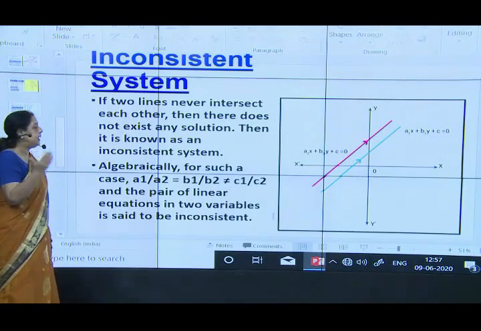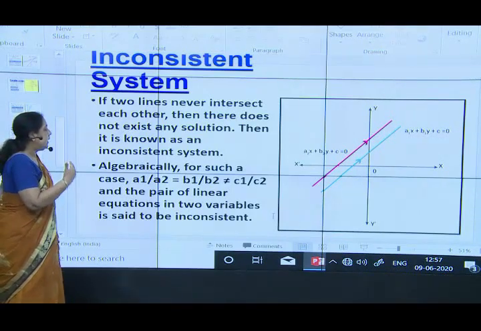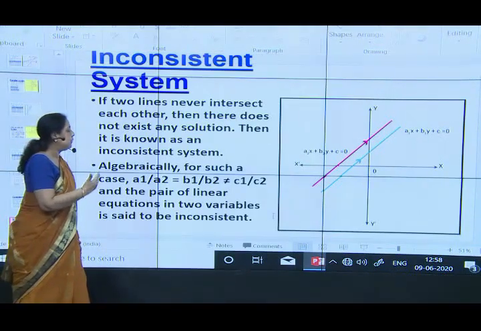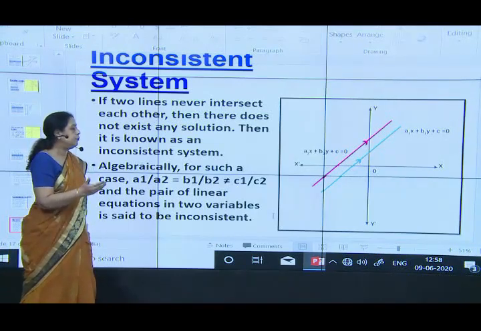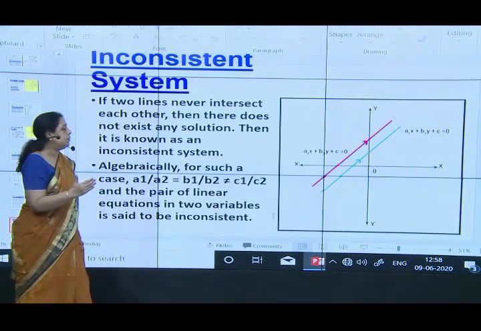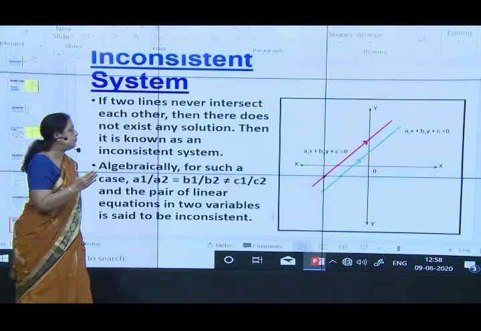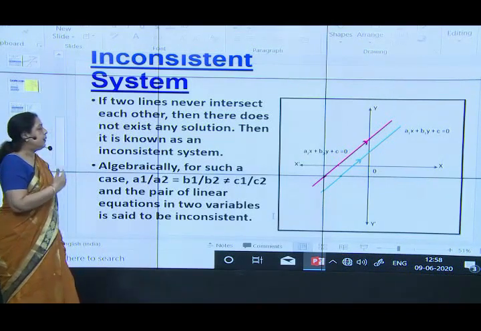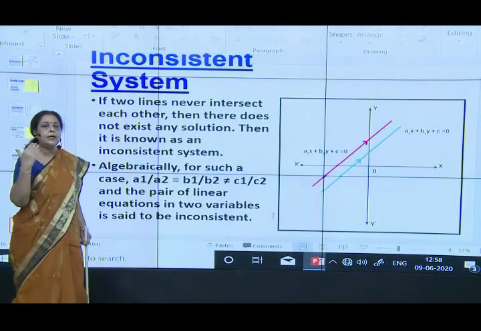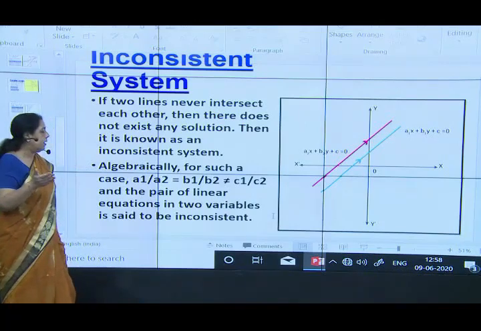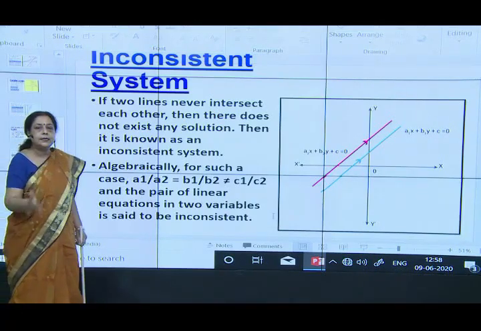Algebraically, we can say that if a1 by a2 equal to b1 by b2 is not equal to c1 by c2, then the pair of linear equations is inconsistent. Thank you.